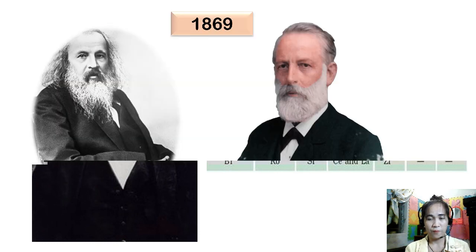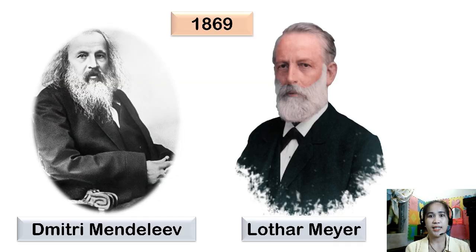And around 1869, two scientists determined a way to put the elements in order. We have Lothar Meyer and Dmitri Mendeleev, who both came up with periodic tables that showed how elements should be grouped.